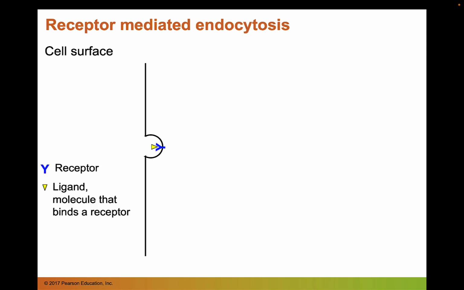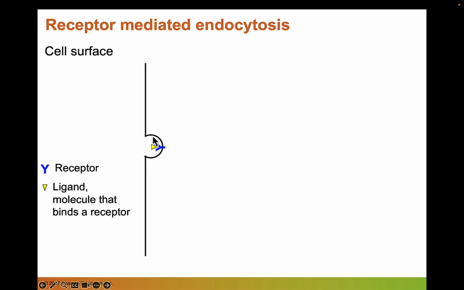So the first one we're going to talk about is receptor-mediated endocytosis. There's two ways endocytosis can occur. One of them is when a receptor recognizes a ligand, which is a molecule that binds a receptor. And the other one is just taking up the ligands without a receptor around. So right here, we're looking at in blue our receptor, and it's bound its ligand.